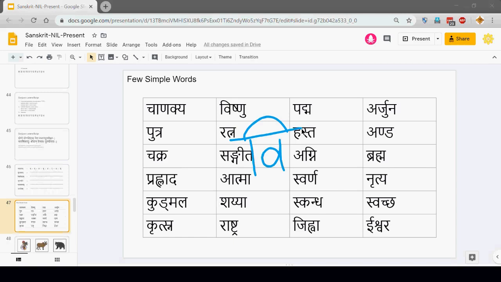That will help in pronunciation as well as in understanding it. Complete the Sha with the vertical line, and because the vertical line is not there in the actual word, make it a consonant with this oblique line at the bottom. The oblique line indicates a consonant without any vowel added to it. So this is just Sh, and there is a Na after that.